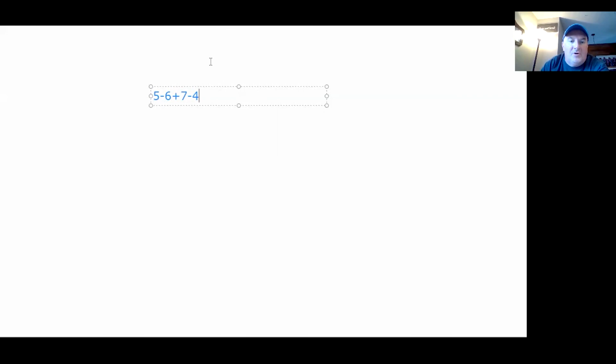So our common groups that we have, like positive numbers, we have positive 7, we have positive 5, and then we have negative 6 and negative 4. So we're going to group those together.